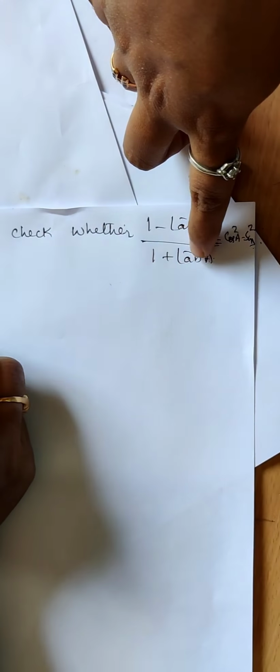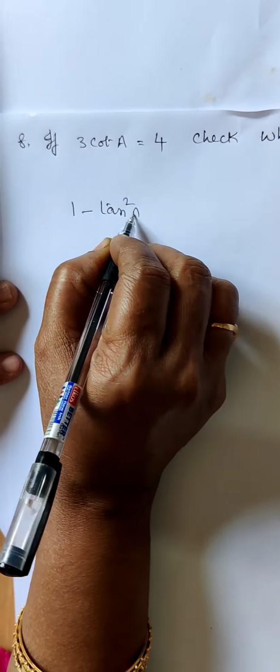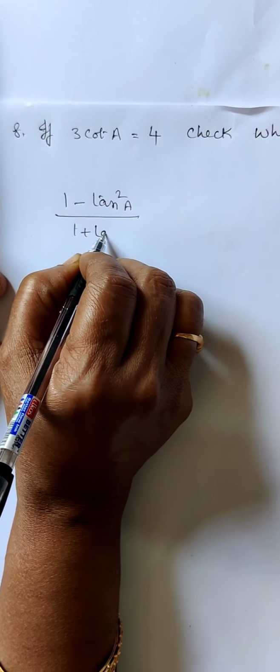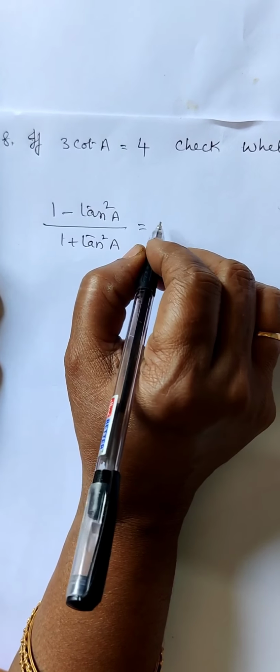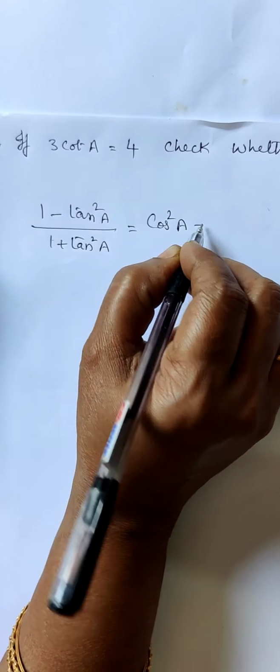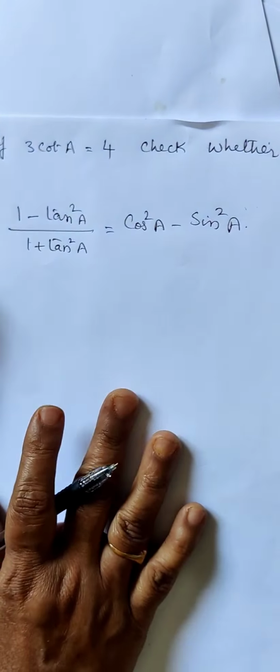We should check whether 1 minus tan square A by 1 plus tan square A is equal to cos square A minus sin square A or not.